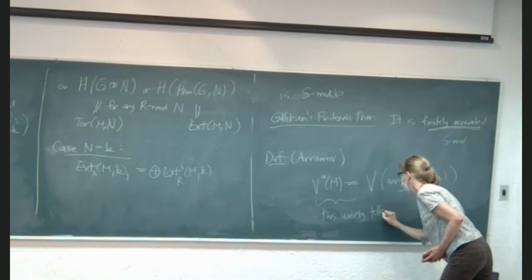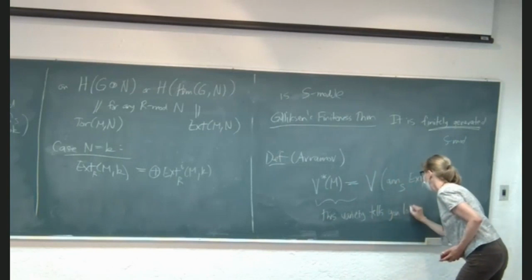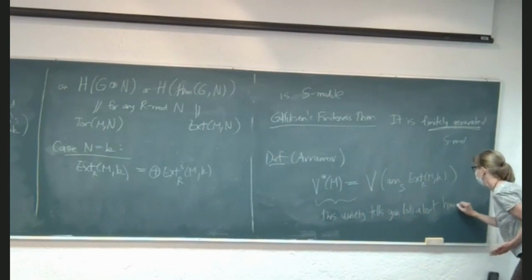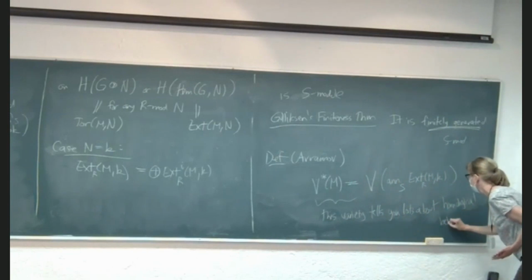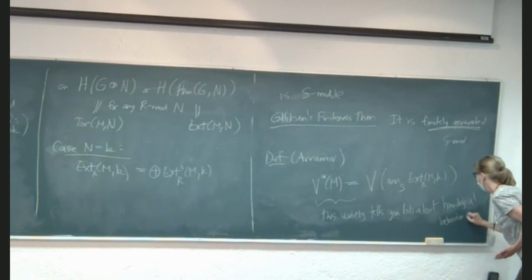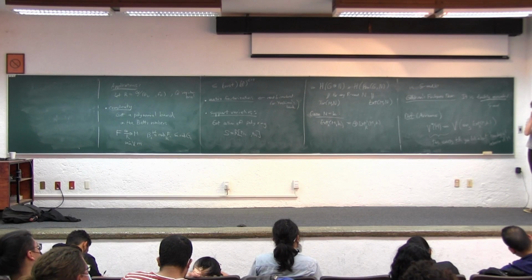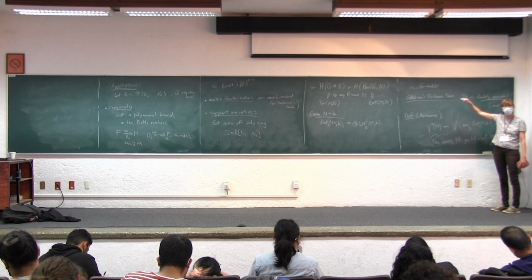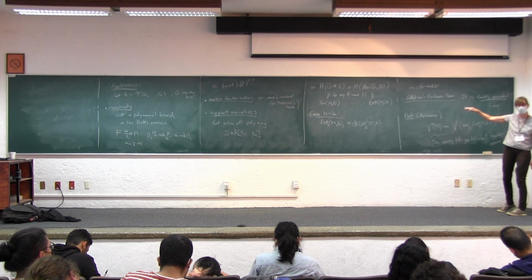So this variety tells you lots about the homological behavior of M, by which I don't just mean the resolution of M. The dimension of this tells you how fast the resolution grows, like what degree polynomial.